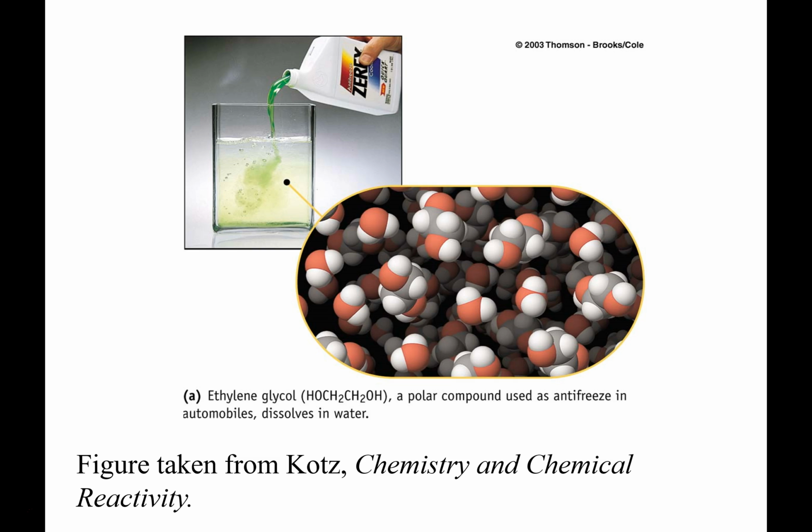And just like the oxygen-hydrogen of water, we have partially negative, partially positive. So definitely polar and definitely willing to even hydrogen bond. Yeah, there's the formula for antifreeze, ethylene glycol. Two polar substances, like dissolves like.